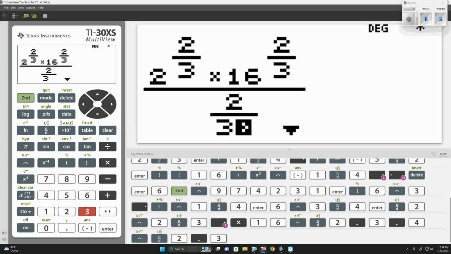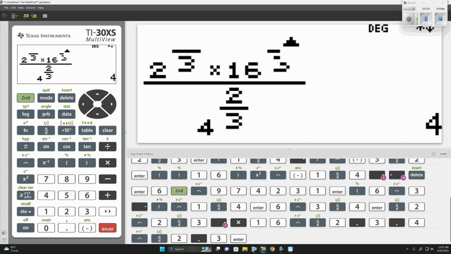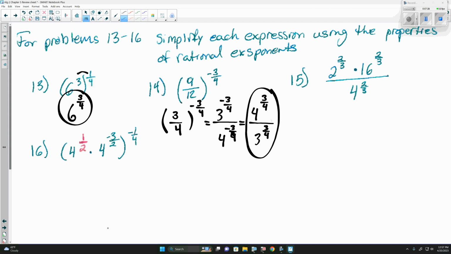And since this gives us a whole number, it works out. Because if it works out that it is a whole number, we don't have a non-repeating, non-terminating decimal. That is the answer.